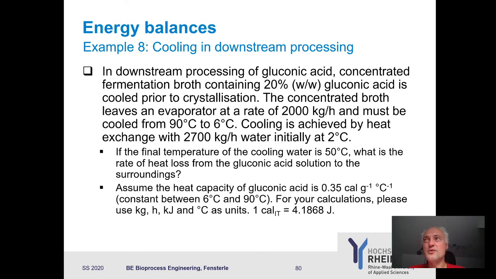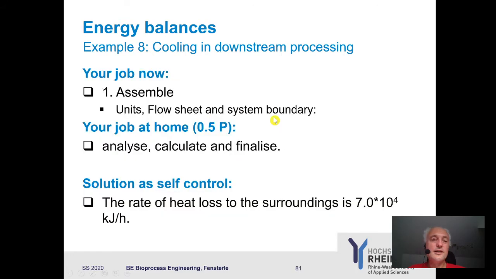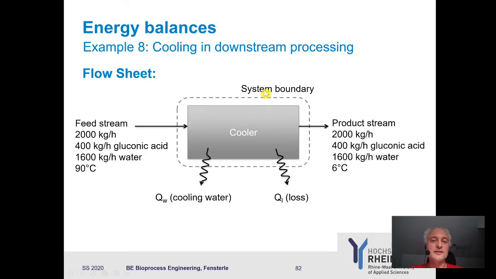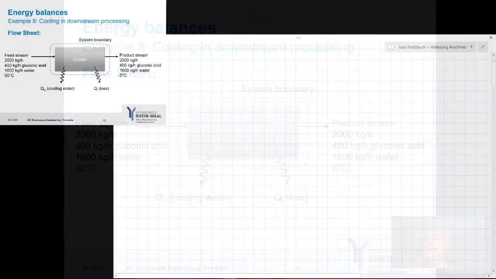Last time we started and assembled the flow sheet: the feed stream, the product stream, a heat which goes to the cooling water, and a heat loss to the surrounding. That was the basics of this exercise, and then we started the calculation.